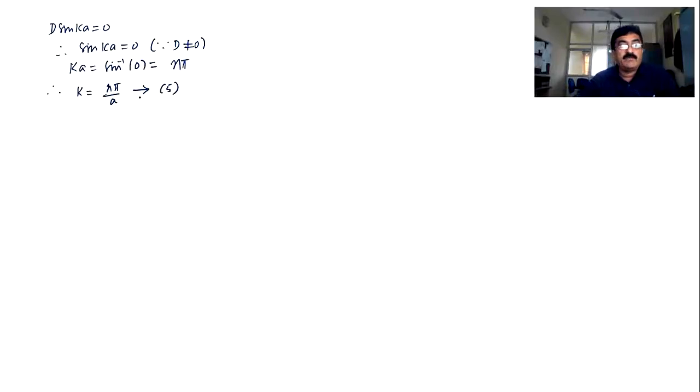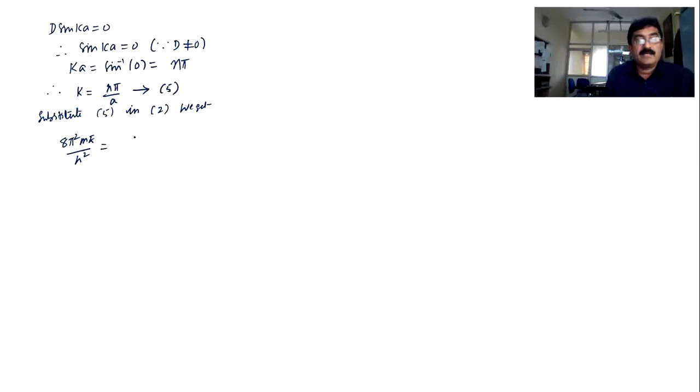So coming to equation number 5, please write all these details. Substitute equation 5 in equation 2, we get 8 pi square m E divided by h square is equal to k square, that is n pi by a whole square.